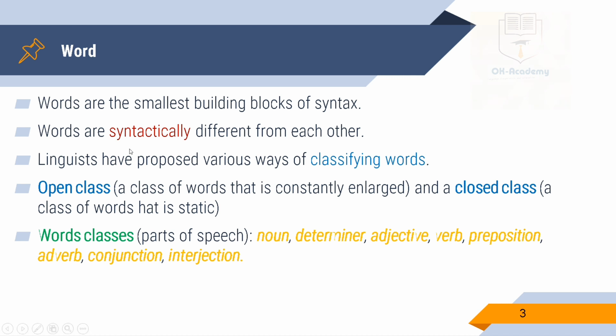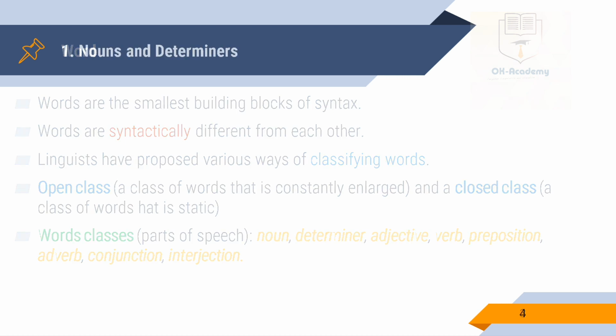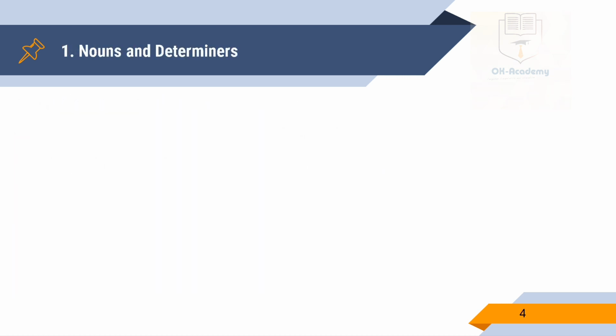It means it's stable, we cannot add new words to these classes. So the main word classes, nouns, adverbs, adjectives, and verbs, are considered to be open classes, while others are closed classes. We have nouns, determiners, adjectives, verbs, prepositions, adverbs, conjunctions, and interjections. These are the word classes in the English language.